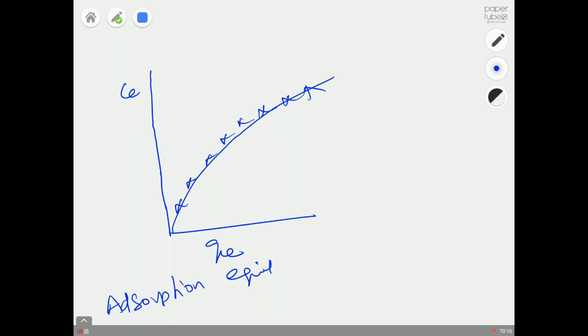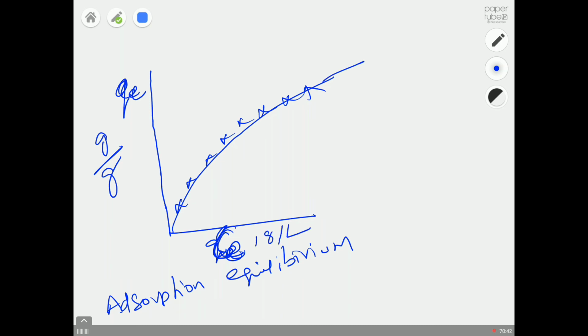When we talked about liquid-liquid extraction, we know there is a solute that exists in equilibrium between a raffinate and extract phase. It's the same here. There is some solute which is in equilibrium between your solution side and your solid side. The x-axis is your CE, the y-axis is the amount adsorbed in grams per gram, and CE is expressed in grams per liter.